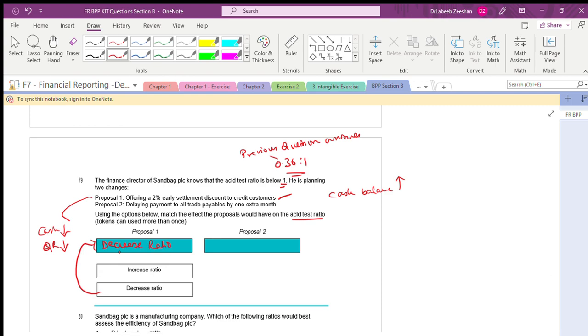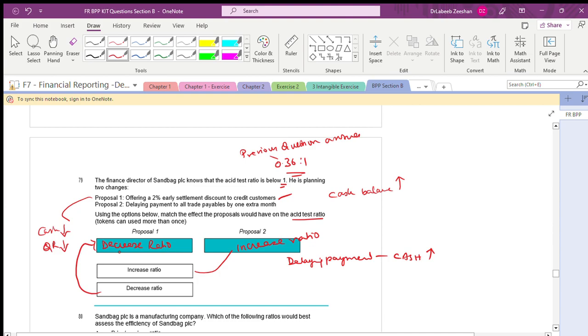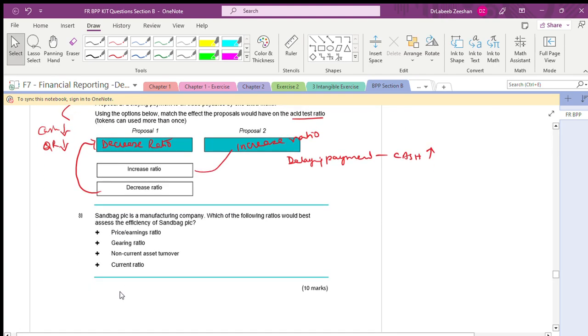Delaying payment: when you delay payment, you are getting the advantage of 1 month, so the cash balance will increase. When the cash balance increases, the quick ratio will also increase. The first statement will decrease the ratio. The second statement will increase the ratio.